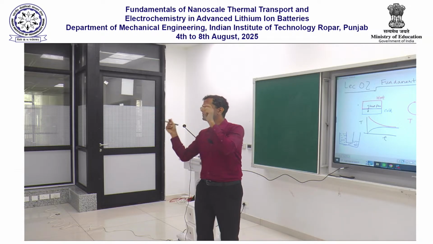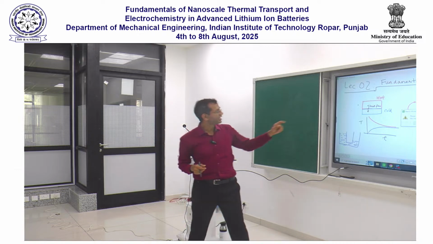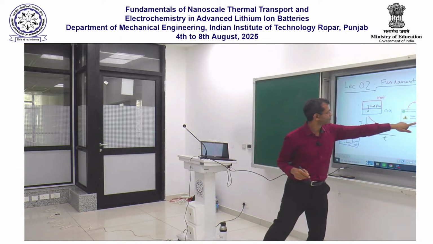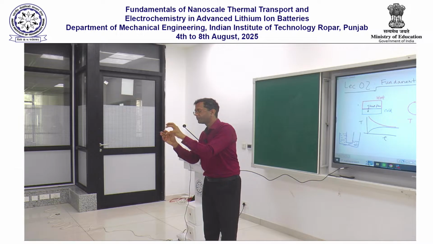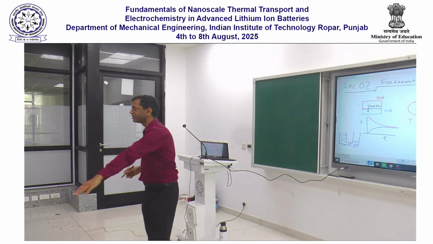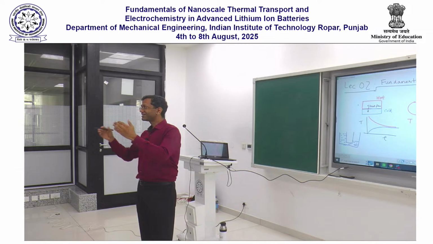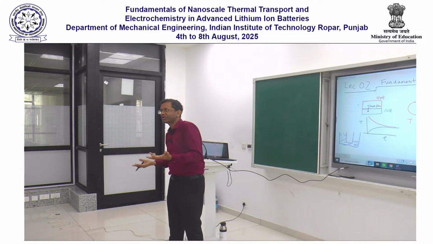Secondly, there must be a temperature difference between the two in order for the heat to flow by itself, right? If I have a cold body and a hot body, heat does not flow from the cold body to the hot body spontaneously, right? A glass of water sitting here will not by itself become hotter and cool down the room. I wish it could happen, but it does not happen, right?